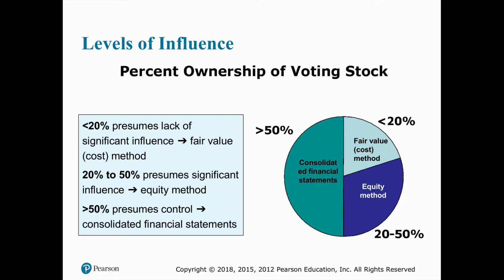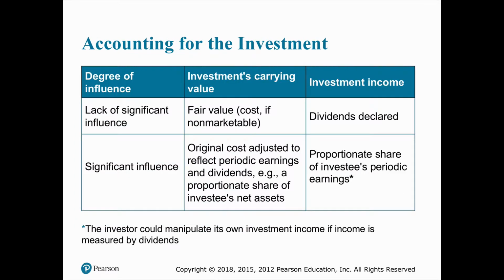So now let us look briefly at how to do the journal entry under the cost method and the equity method. First of all, if the shareholder or the investor is buying less than 20% of the subsidiary company, he should use the fair value of the shares at the date of purchase and recognize the dividends he receives from the subsidiary as dividend income that should be recognized under current income.